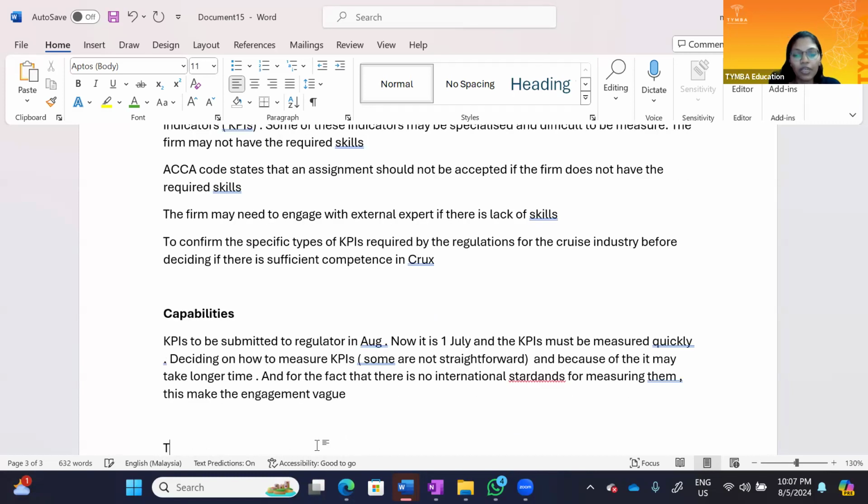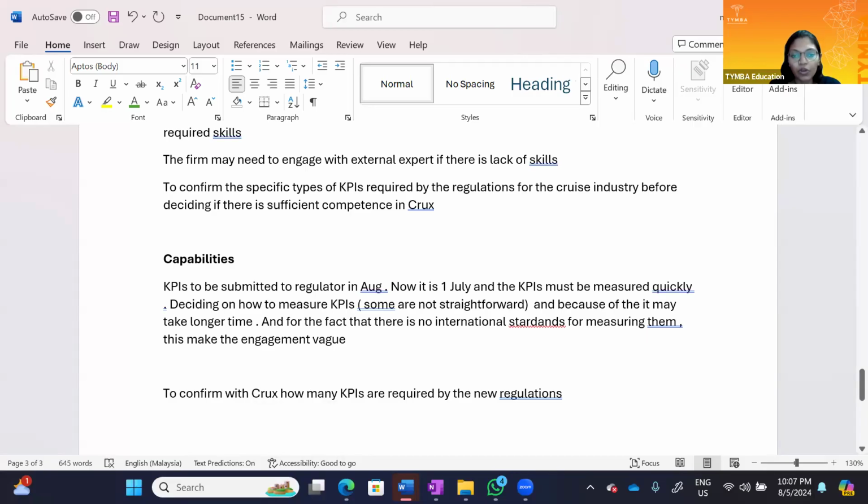Now what we need to do is to confirm with Crooks how many KPIs are required by the new regulation. More KPIs means the engagement will take up more time.